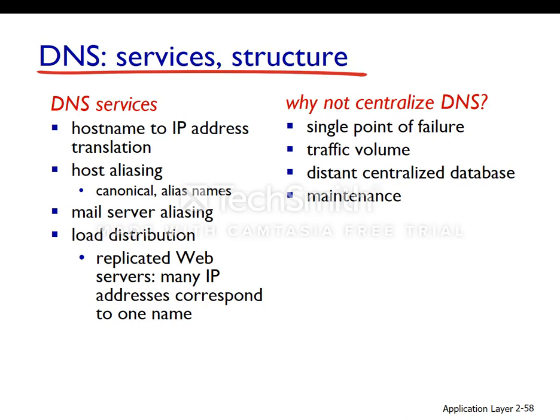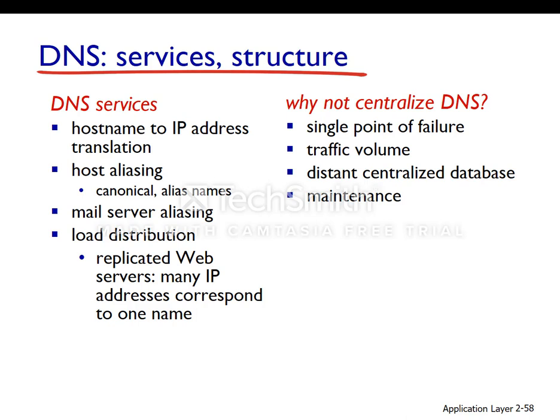Now, a question is, why don't we centralize DNS? Well, if we centralize DNS, we would have a single point of failure, that central point. We would have a high traffic volume for all the traffic being sent to that one point. And then the other problem is, if that centralized database is far, then you'd encounter a long round trip time trying to get to that distant database.